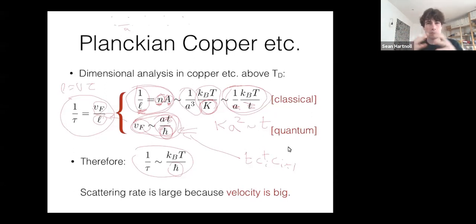But in the metal, because all the excitations are at the Fermi surface, which has a momentum, they move very quickly. And obviously, the quicker you move, if you have a certain number of things you're bumping into, the more things you hit per unit time. So the scattering rate in copper is large because the velocity is big.